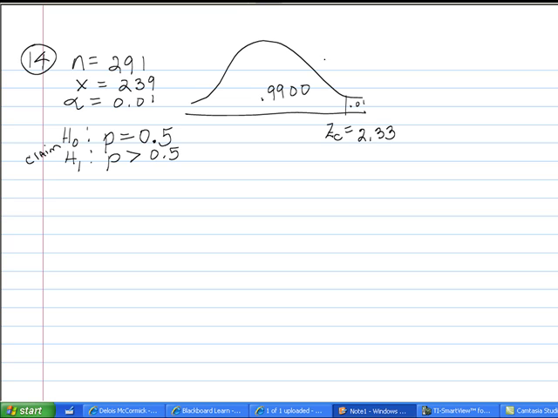Our test statistic, Z, will be 239 over 291 minus the 0.5, times the square root of 291, all over the square root of 0.5 times 0.5, which is 0.25.